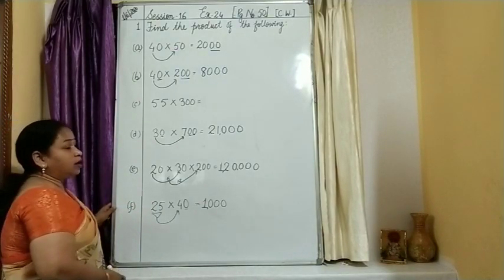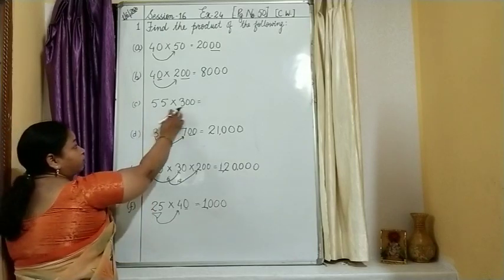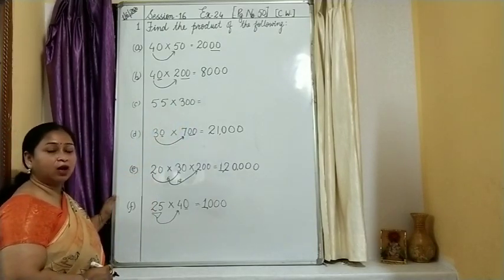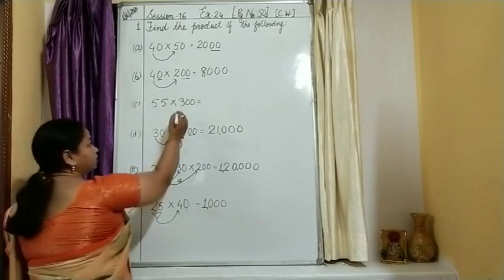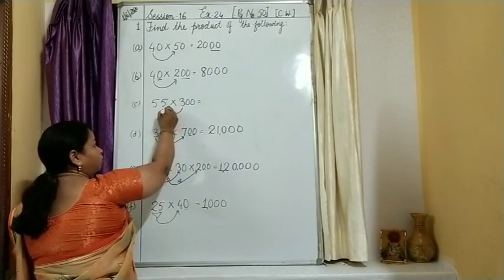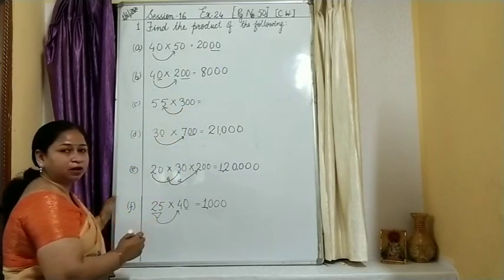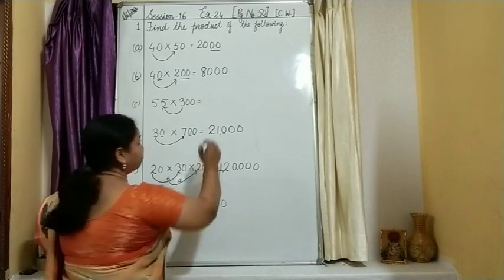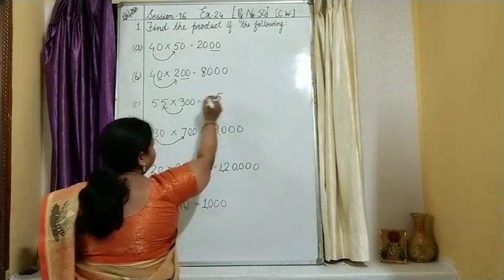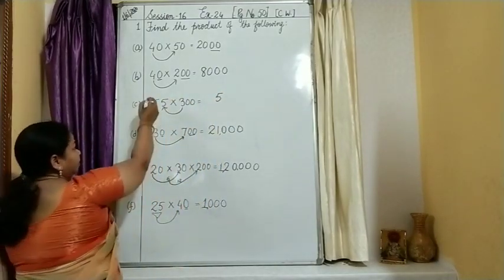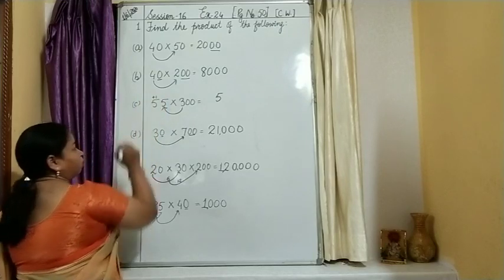Now you have a number 55 and then you are having 300. How to do this? Don't worry, I'll just explain the simpler form. First we will multiply 3 5s are. What is 3 5s are, children? 15, isn't it? 5. Then what? We carry 1. I will write plus 1 over here.